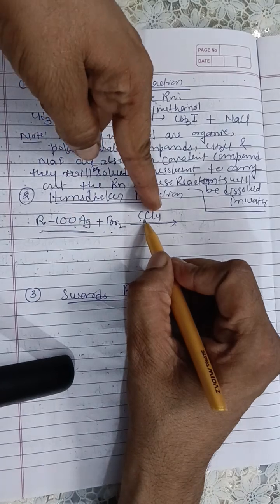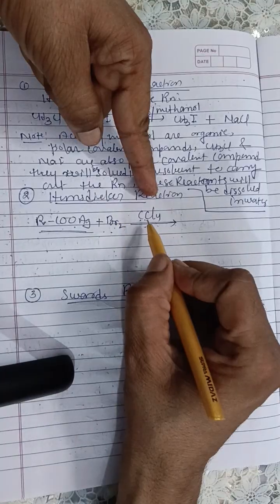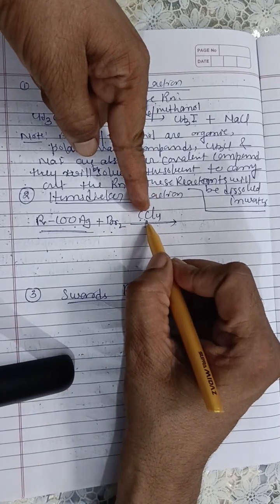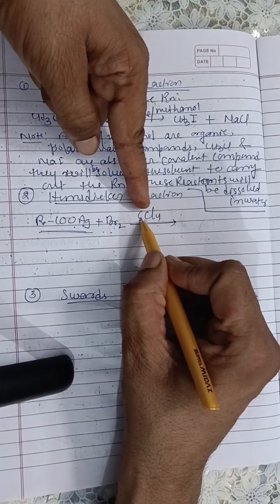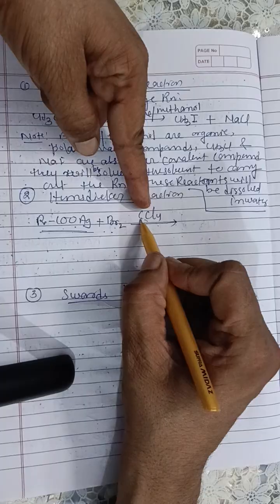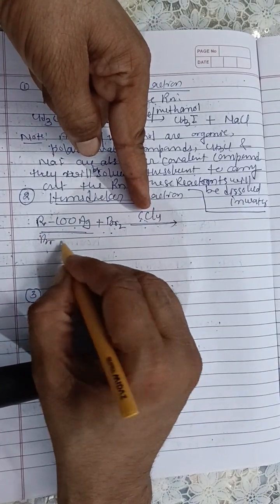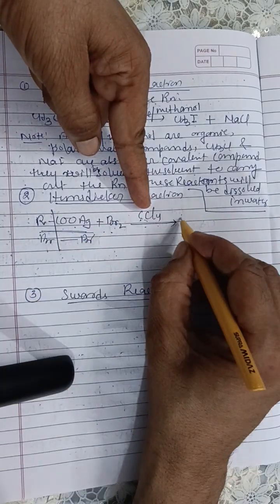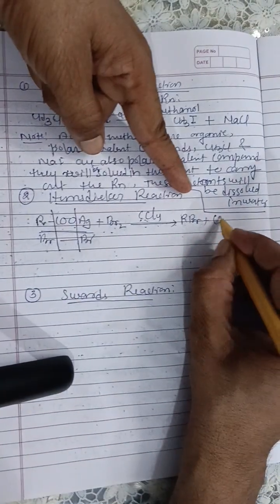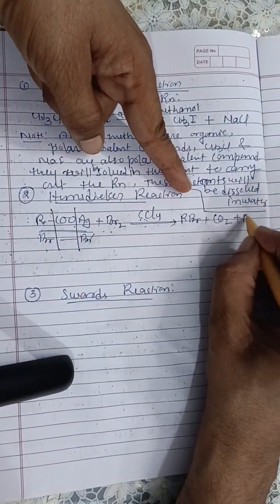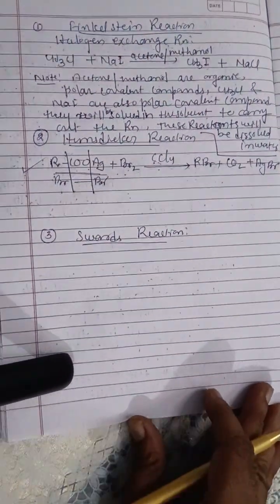So like dissolves like: non-polar will get dissolved in non-polar, organic in organic. That is why the reaction will be carried out using CCl4 as the solvent. So here we will have RBr plus CO2 plus AgBr. Isn't it?